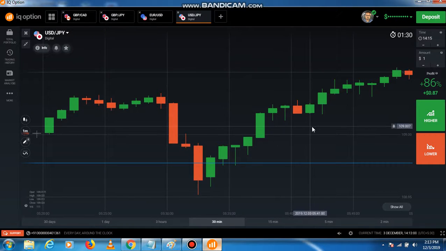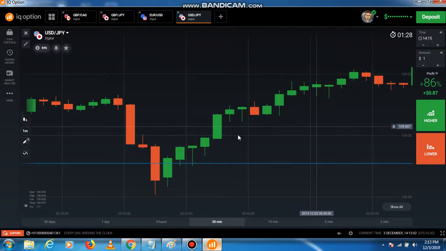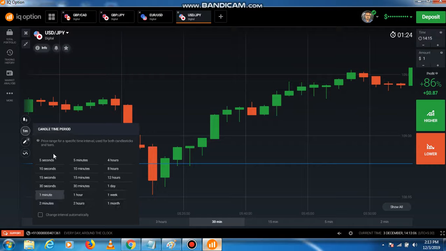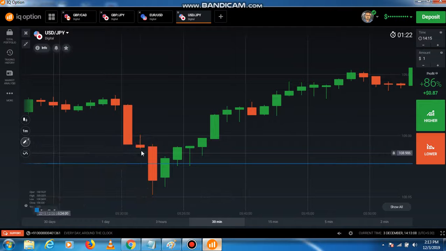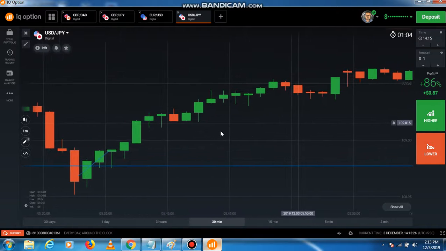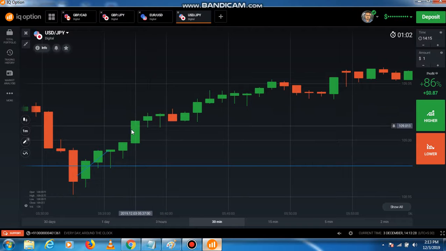That is why I said you should wait for the proper angle. The angle matters a lot. If I draw a line like this, this is not good. If it would have been like this, then it would have worked, but the steepness is not good, so it didn't work. Here also, I wouldn't be going for this trade.